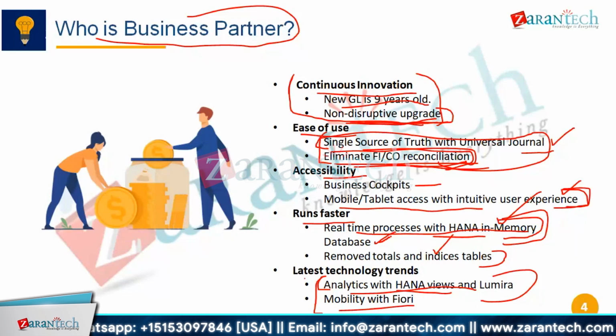The database is faster. So now the S/4HANA system is running on the HANA database. The previous database was Oracle, which is basically a kind of RDBMS, relational database management system. Remove totals and indices tables. So many index and totals tables have been removed in the S/4HANA system, which we will see.